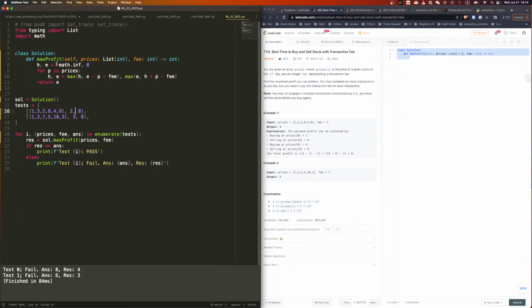Do we get these two wrong? I'm not sure. 0, 0 I think is wrong. No, I believe this is the transaction fee. All right, let's get the transaction fee to be 0. Let's see if it's correct.